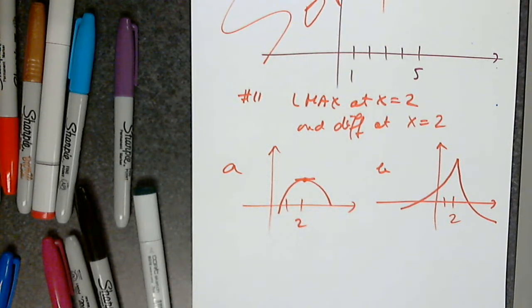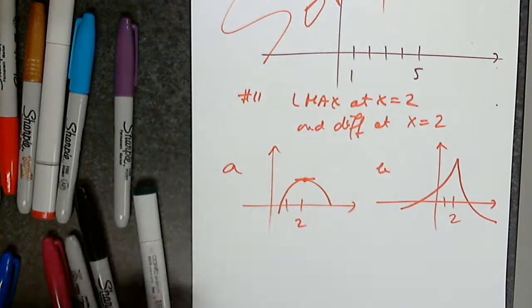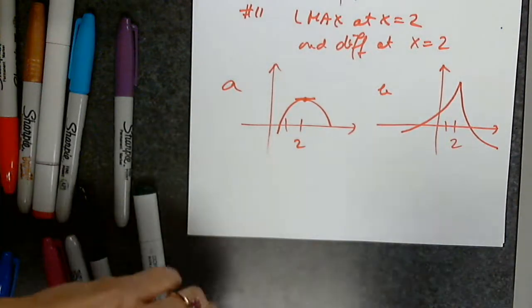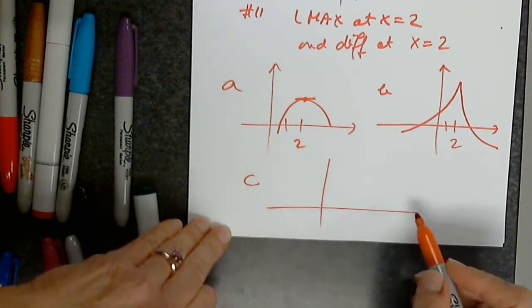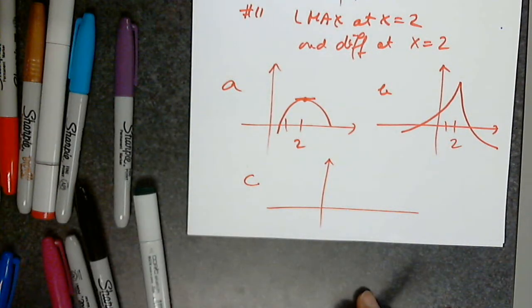Part C. Sketch a graph of a function that has a local max at 2 and is not continuous at 2. Say it again. But it has a local max. But if you do a jump on both sides, you're still coming down to the side of it.